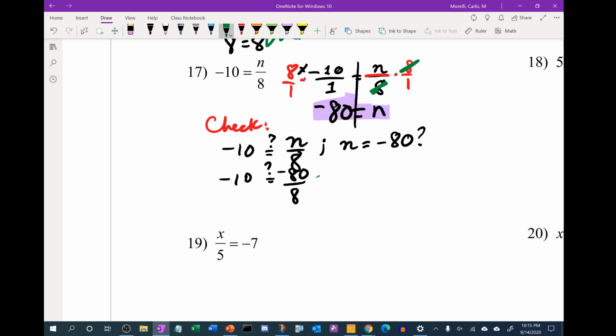This is substitution. Okay, this was the reciprocal and the multiplication property of equality, and this was simplification. Now, negative 80 divided by 8 is negative 10. So I have negative 10 equal to negative 10. And that is true by the identity property of equality. So we'll give that 2 check marks.